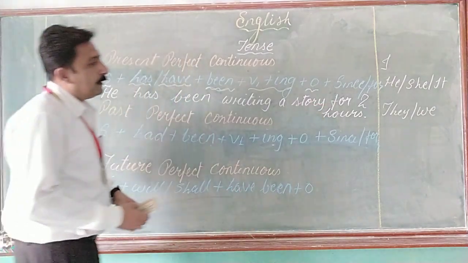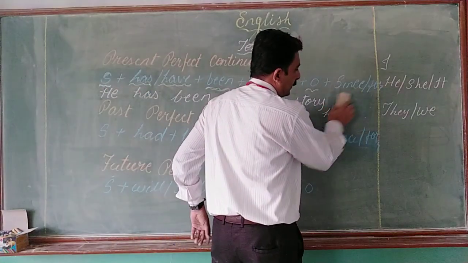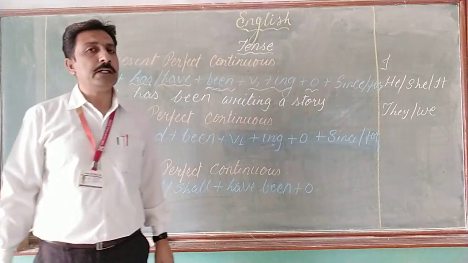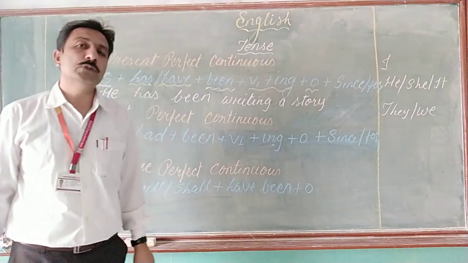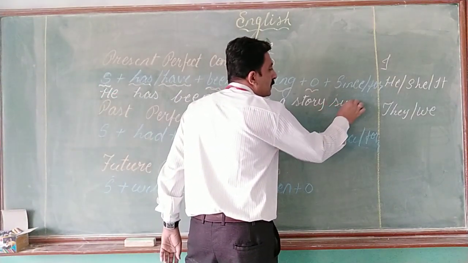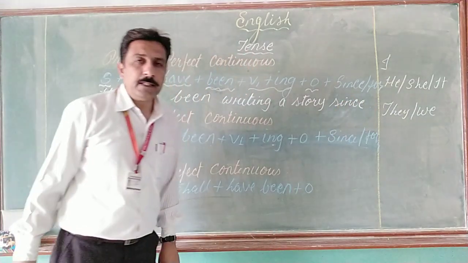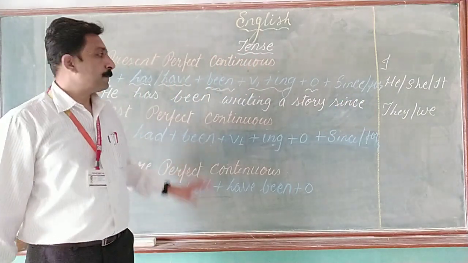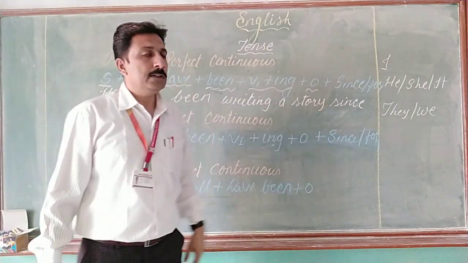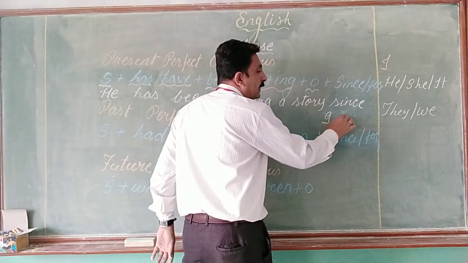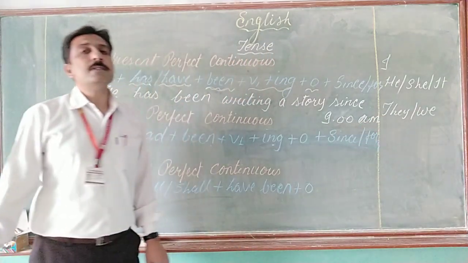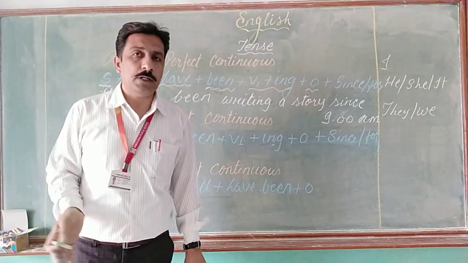Suppose I know the perfect time, the point of time, the exact time when he started writing the story. For that point of time, I can use the word since. He has been writing a story since 9 a.m. Since 9 a.m. means 9 a.m. in the morning.